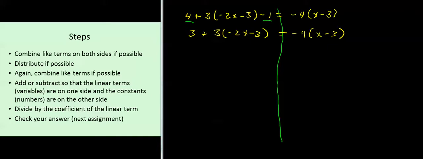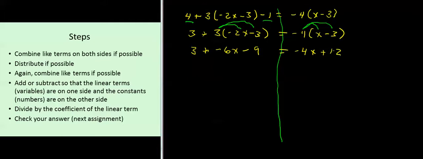Well, I see that I can distribute twice. Here, 3 times negative 2x, 3 times negative 3. On this side, negative 4 times x, negative 4 times negative 3. And I end up with 3 plus negative 6x minus 9 equals negative 4x plus 12.